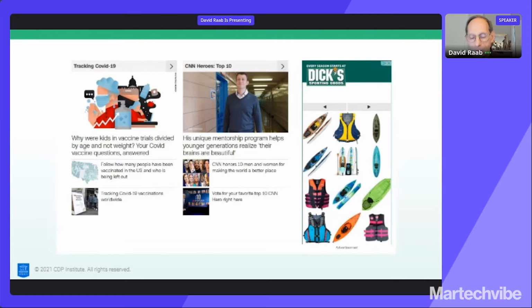They know that I bought this kayak, but the system that sold me the kayak does not talk, apparently, to the system that sends me these ads. So the lack of communication between these two systems is exactly the problem that the customer data platform is intended to solve. So let's talk about how that solves the problem.